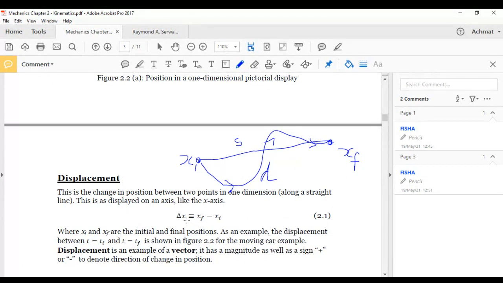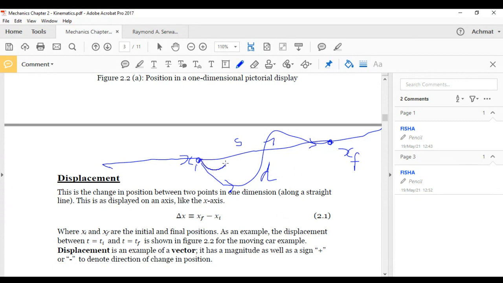Along that straight line, the displacement we call delta x, and that is your final position minus your initial position. So for this case, I would have a straight line continuing this way and that way, and the actual path is not important now, only the straight line. If I have one position there and one position there, then along that straight line you can determine the displacement.